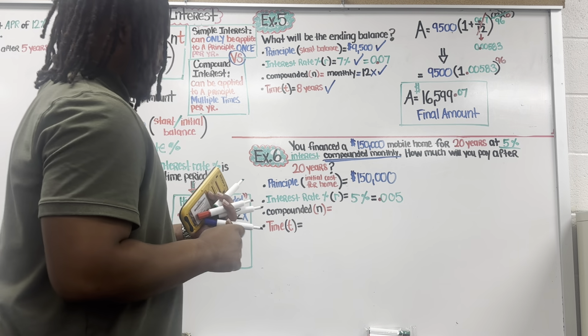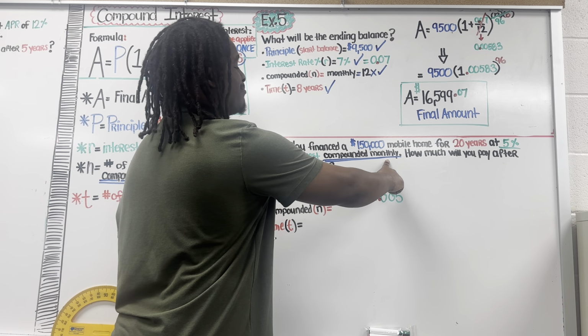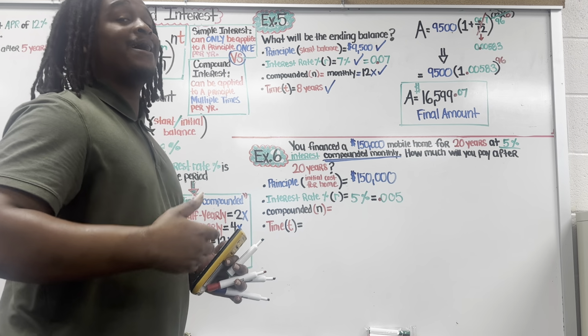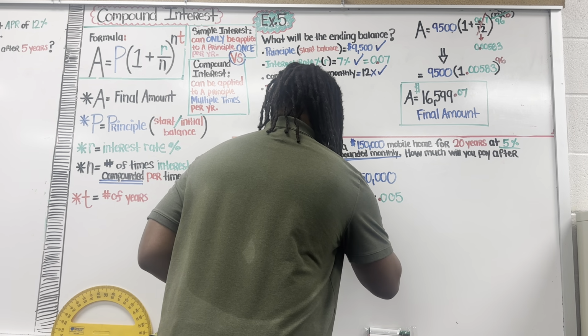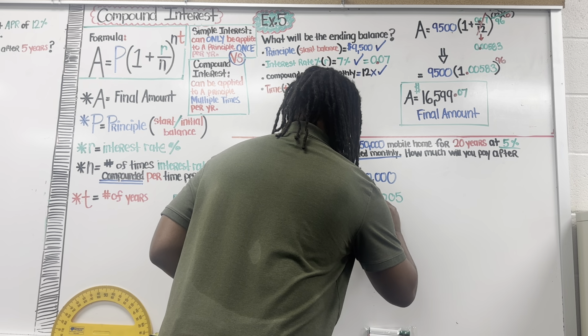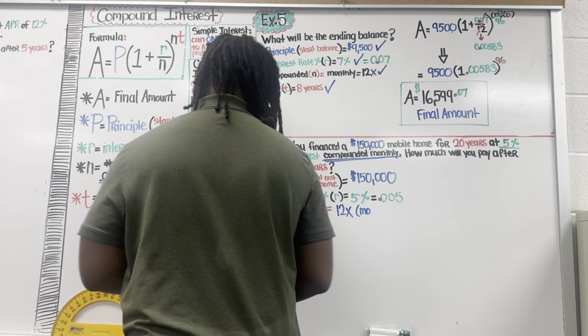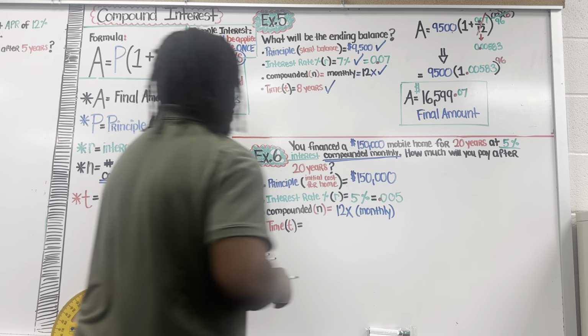And then it's going to get compounded 12 times because it's compounded monthly. That means it's going to get compounded 12 times within a year span. So the compounding is monthly, which I'm going to put as 12x, meaning monthly.